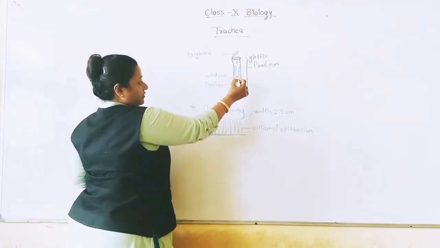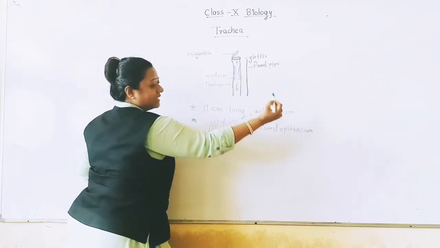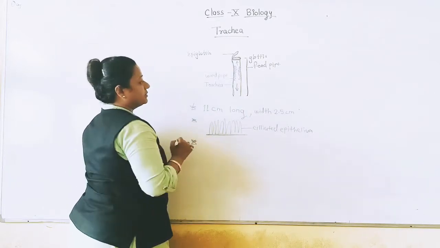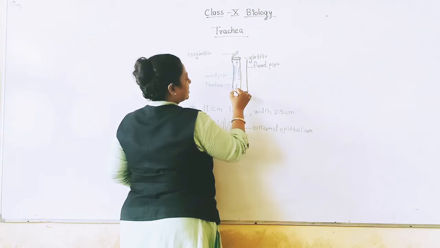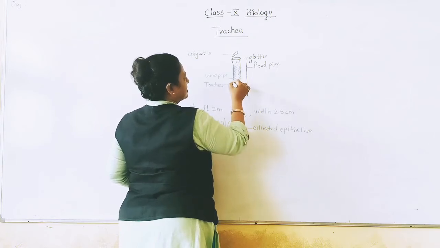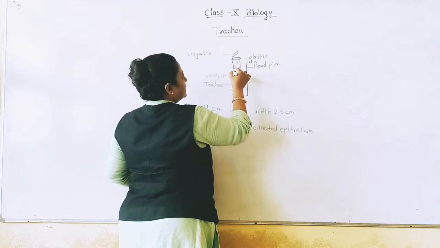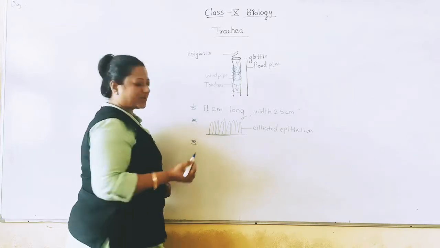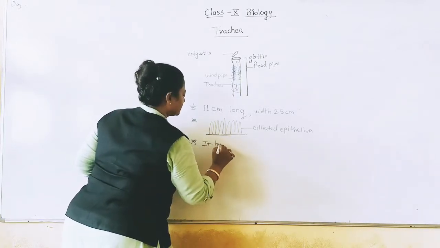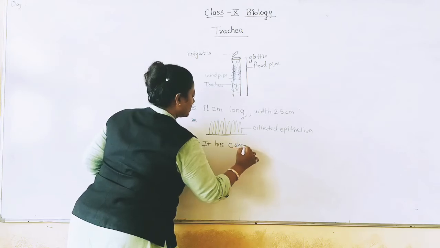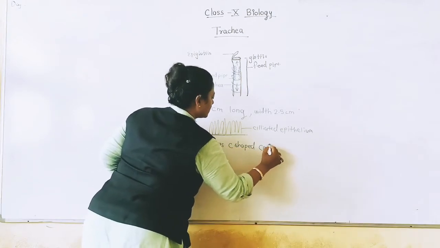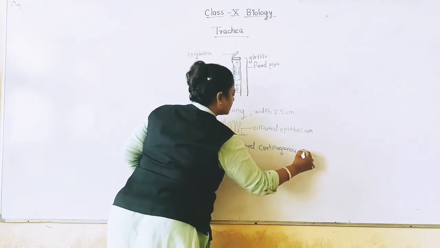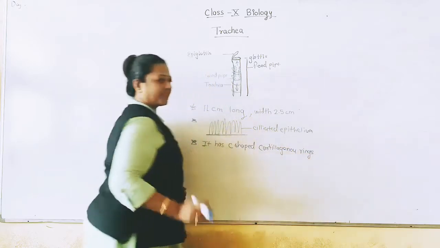The wall of the trachea has ciliated epithelial tissue. The third point is that it has C-shaped cartilaginous rings.